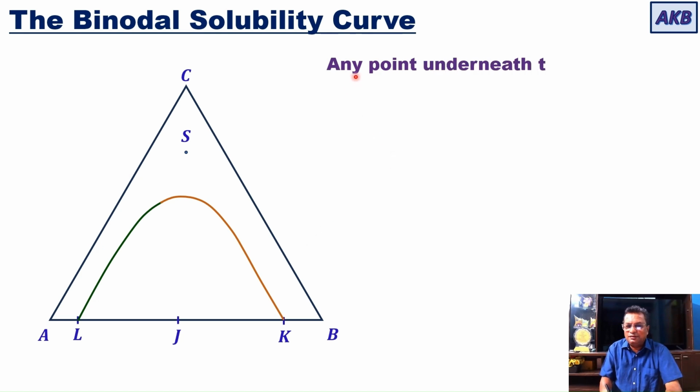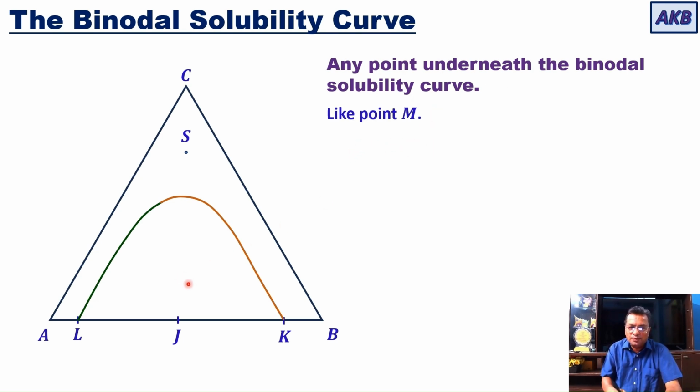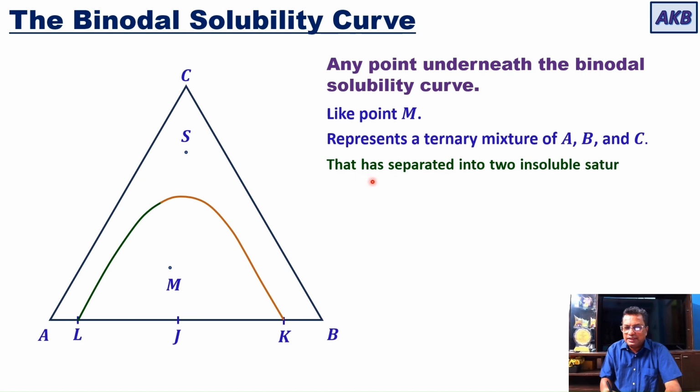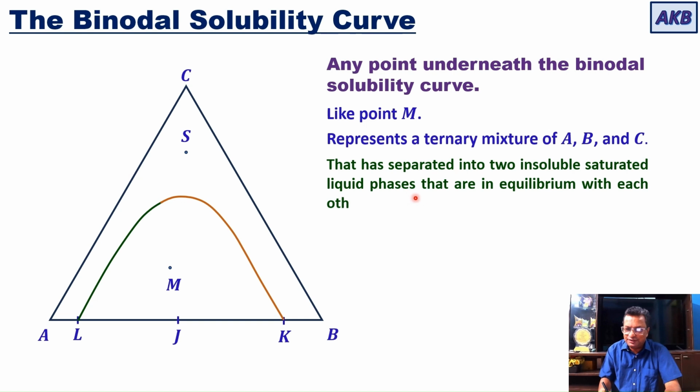Then if you consider any point underneath the binodal solubility curve, like point M. So now I am showing point M, and point M is underneath the binodal solubility curve. Any such point represents a ternary mixture of the three components, that is A, B and C, but this mixture is separated into two insoluble saturated liquid phases that are in equilibrium with each other.